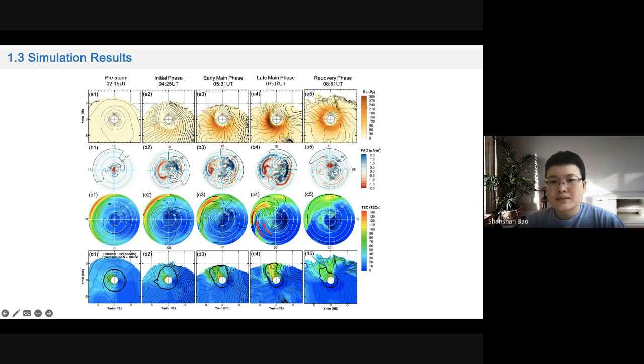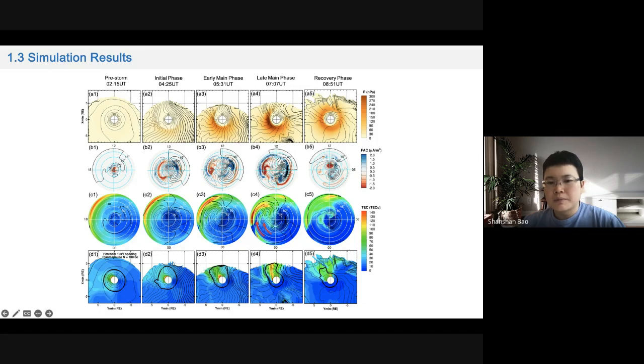You can also see two channels of depleted electron density generated. If you map that to the equatorial plane, you can see the size of the plasmaspheric plume has shrunk. So there is some erosion happening here.